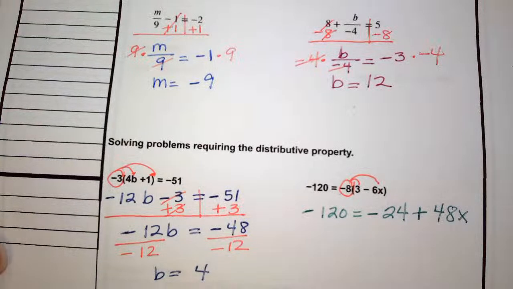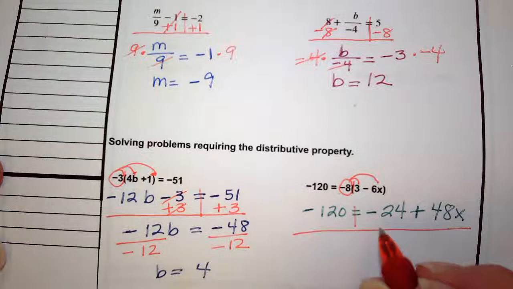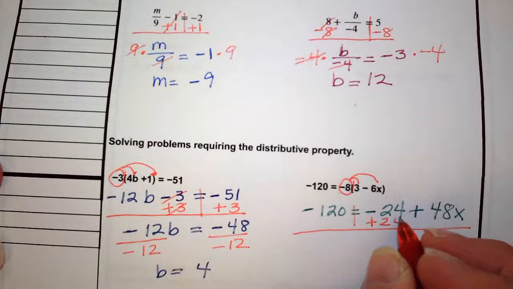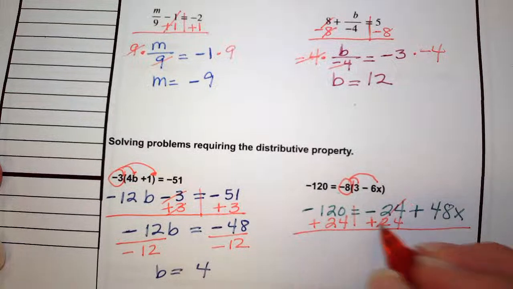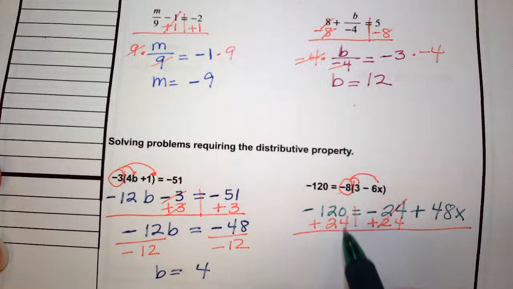Now, to solve, it's a two-step equation now. First step, I've got a negative 24. The opposite is a positive 24. Okay, so these are opposite signs.